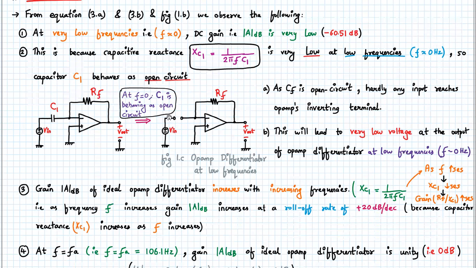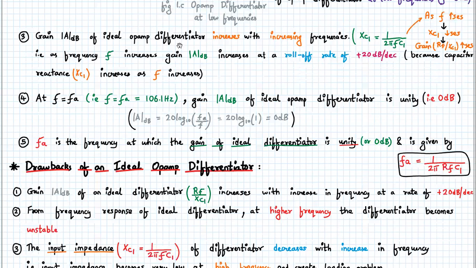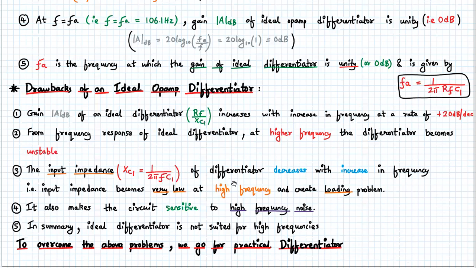If the input impedance of the circuit is very low, it will be sensitive to all the loading effects present. So the input signal itself will load the differentiator circuit. The input impedance becoming very low at higher frequency is a problem, and it creates the loading problem. It also makes the circuit sensitive to high frequency noise.